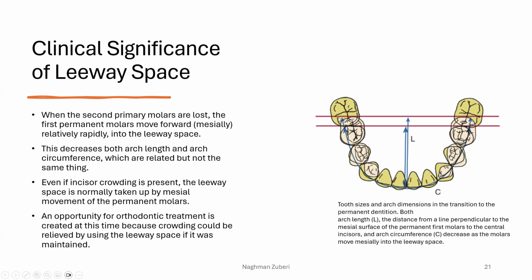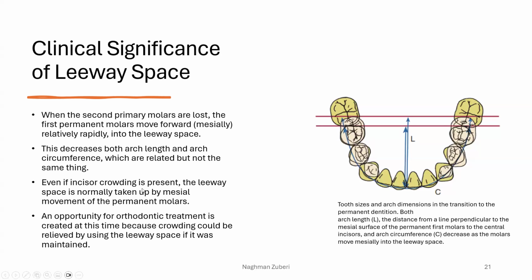And arch circumference: touching all the teeth from first permanent molar to the first permanent molar on the other side and touching the buccal cusp and the incisal tips of all the teeth. That is the arch circumference or arch perimeter. So this decreases both arch length and arch circumference, which are related, but they are not the same thing, I told you.